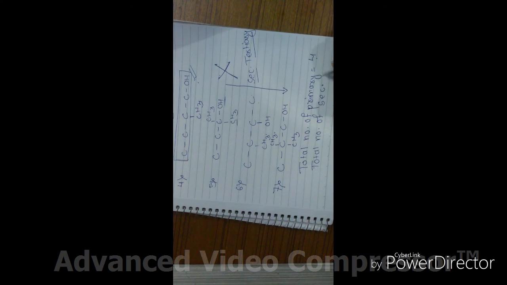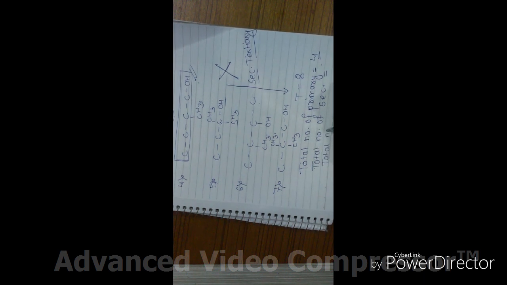For the secondary isomers, we have a total number of isomers 8, primary isomers are 4, and only one tertiary form. The total number of tertiary isomers equals 1.